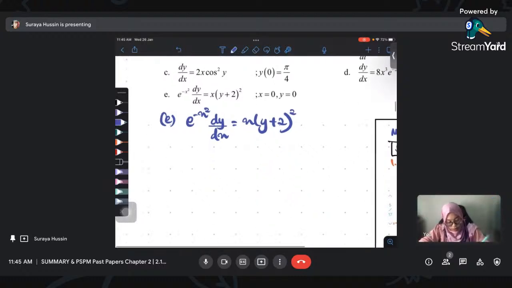So, what you have to do is bring the dy, usually dy on the left lah. Bring everything y, apa benda yang in terms of y, semua ke kiri.